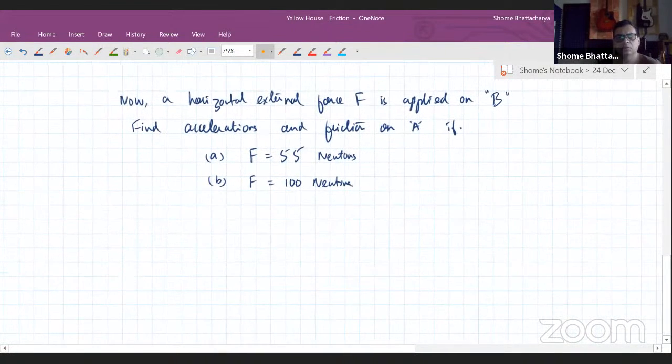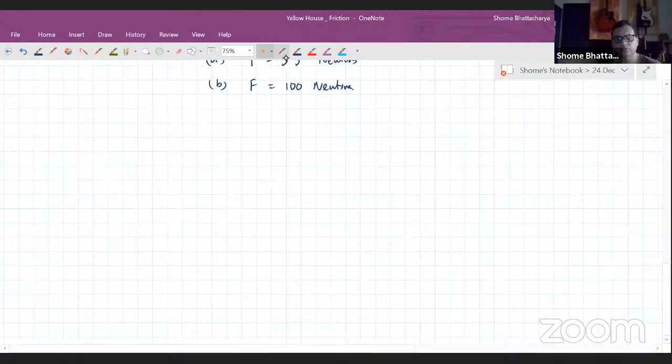If you had just revised the concept of friction from the previous couple of lectures, I told you to prepare from reference books also. Start working a little bit harder.